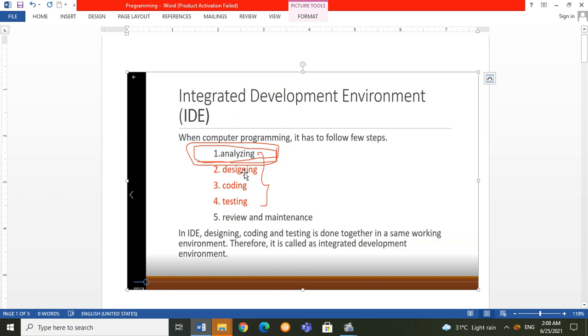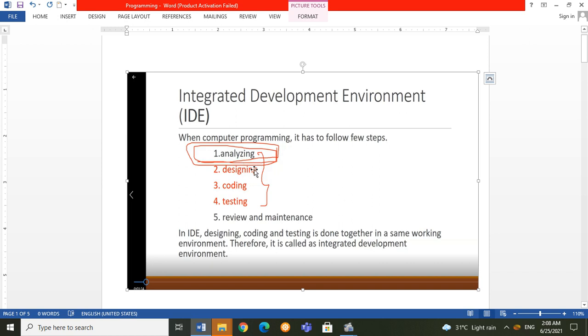That means we are presenting the findings of the software analysis in a graphical manner. So that is called designing, right? So in computer software development, after analyzing, they will design your program.